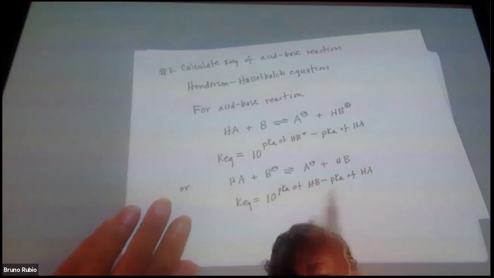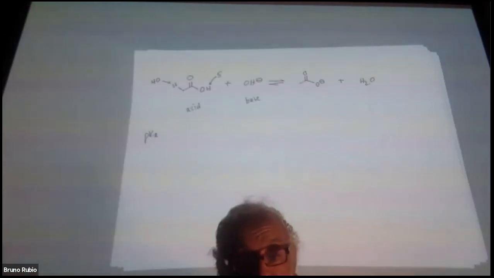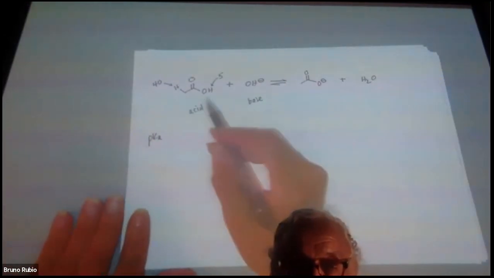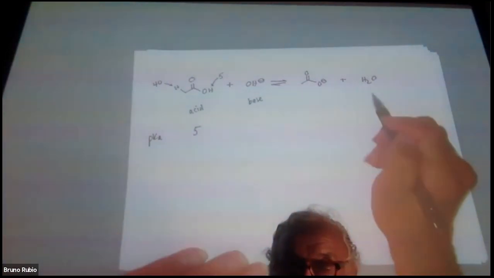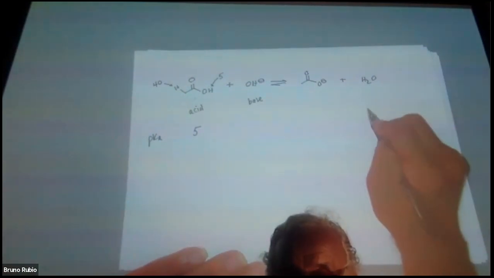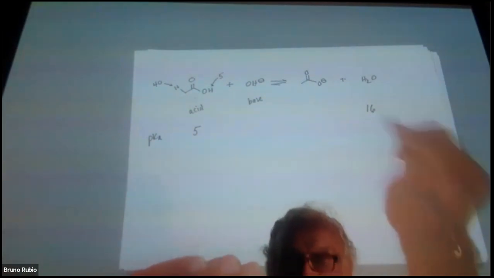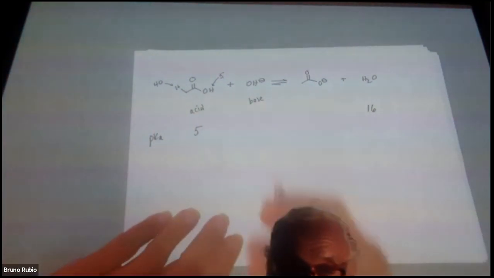We need the pKa of the acid on the right, HB, and the pKa of the acid on the left, HA. The pKa of the acid on the left is 5. The pKa of the acid on the right, which is water, is 16. Where am I getting those numbers from? They're all in that pKa table.